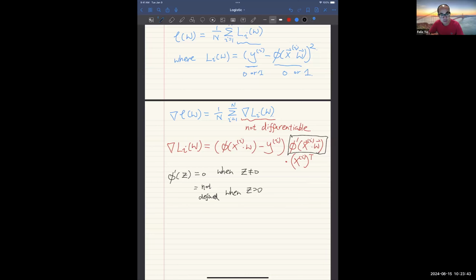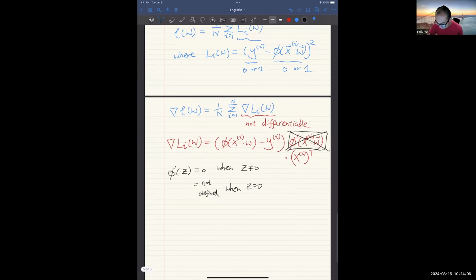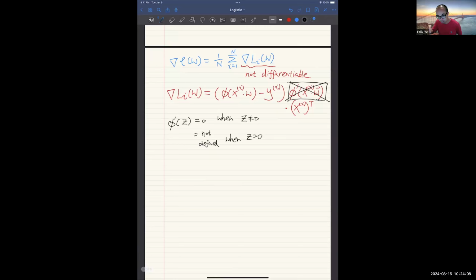So how can we deal with that? In practice, in machine learning, applied math, or even computer science, if we see something that is really hard and we don't know how to handle it, we just get rid of it, and hopefully this gives you a good approximation. This is not accurate, but hopefully it is good enough. We still need some gradient information. I know this part is not differentiable, but I just don't look at it. That's the mentality.